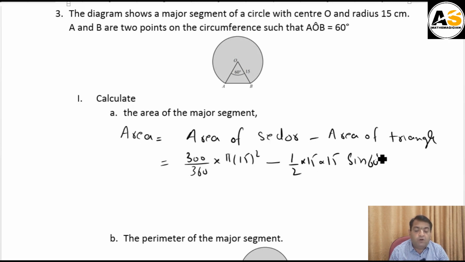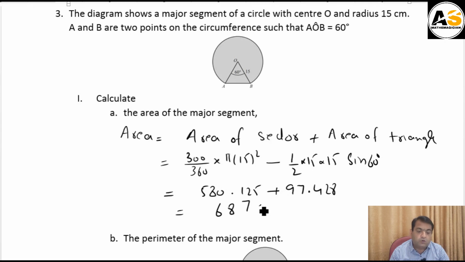With the help of calculator we will find this is 580.125 minus 97.428. In the simplified form it will be 482.7 centimeter square. This is part 1 of question number 3.